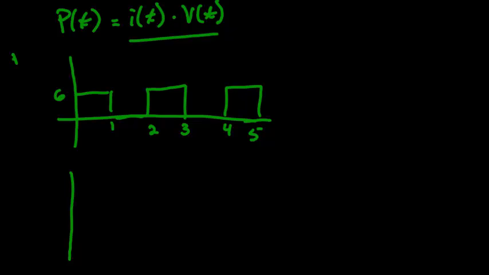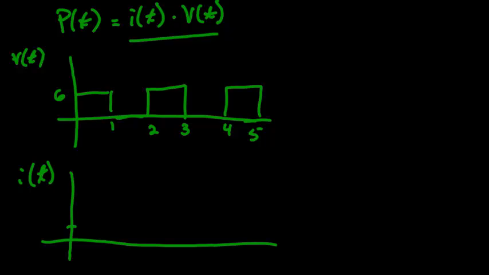This is v of t. I of t is equal to, this goes to 3 from 0 to 1, then it goes to 0 at 2, then 6, so from 2 to 3 we go to 6, then from 3 to 4 we stay at 6, then from 4 to 5 we go from 6 to 9.